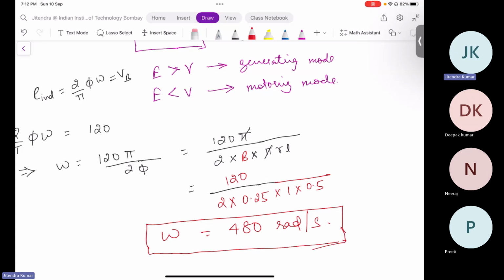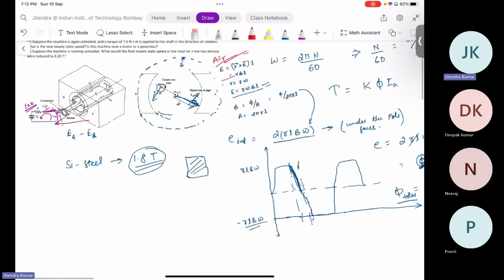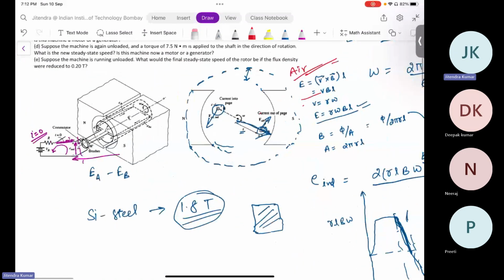What will happen? You understood till this point, right? Any doubt? Did you get clarity on why I am using flux per pole equal to total flux? No, sir. Okay, so see, this area, whatever flux is flowing, total two poles of the field are present.